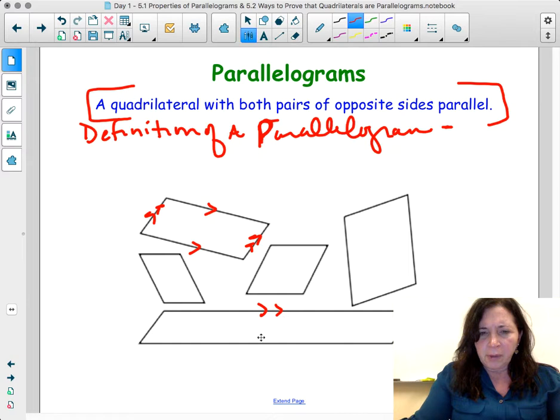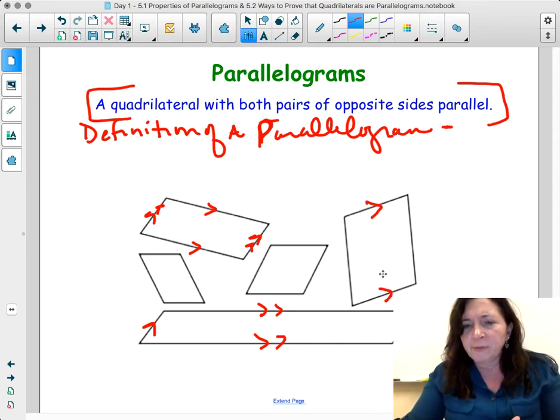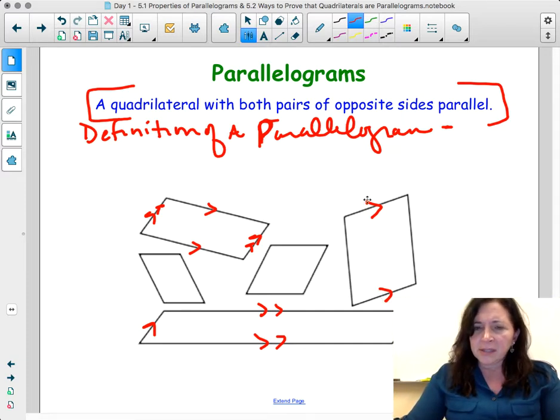This side would be parallel to this side, and that side would be parallel to that side. You cannot just have one side parallel. You would need additional information for that to happen. But the definition of a parallelogram states both pairs of opposite sides are parallel. So you would have to have both pairs.